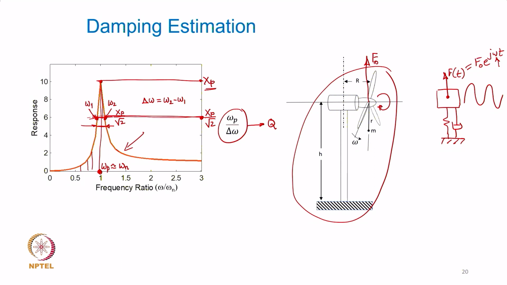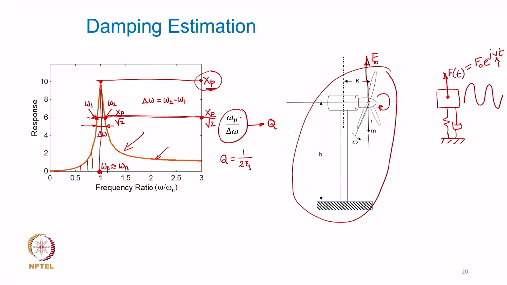Okay. Now, you remember from the previous slide what was the expression for the quality factor? It was 1 over 2 zeta, right, clear. So, if I get this practical vibratory system excited by operating it at different speeds, and somehow get this response curve plotted, with that I can get xp, and with that I can get this delta omega here, the frequency bandwidth, okay.